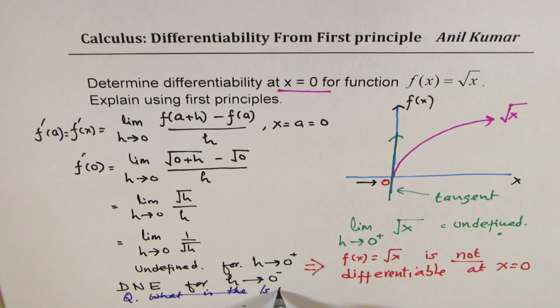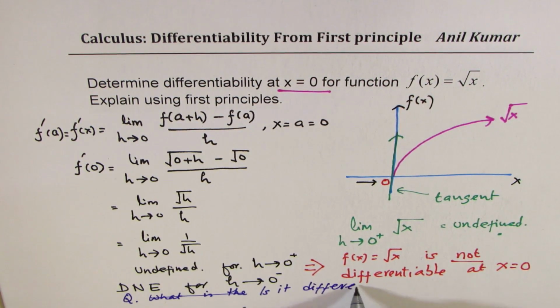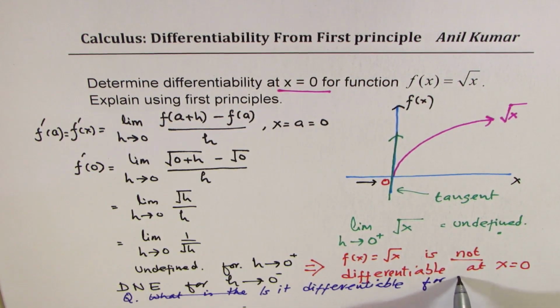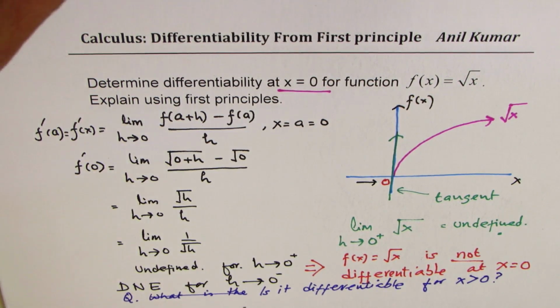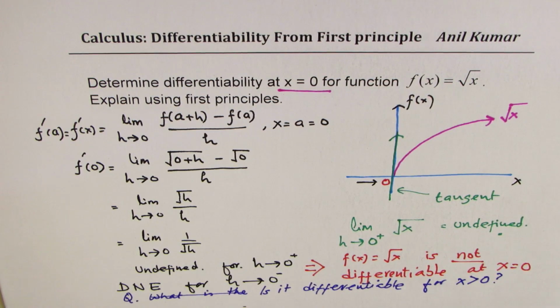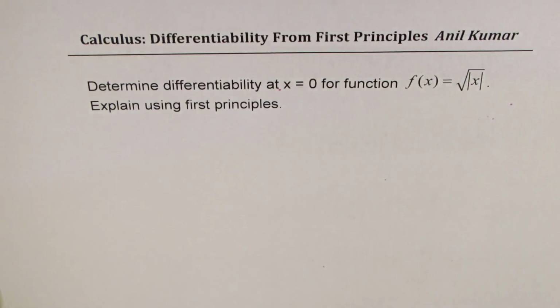Is it differentiable for x greater than 0, right? So let this be the question for you. I hope that makes sense. So with that, we have already seen that the function square root x is not differentiable at x equals 0. Let us take the other functions.